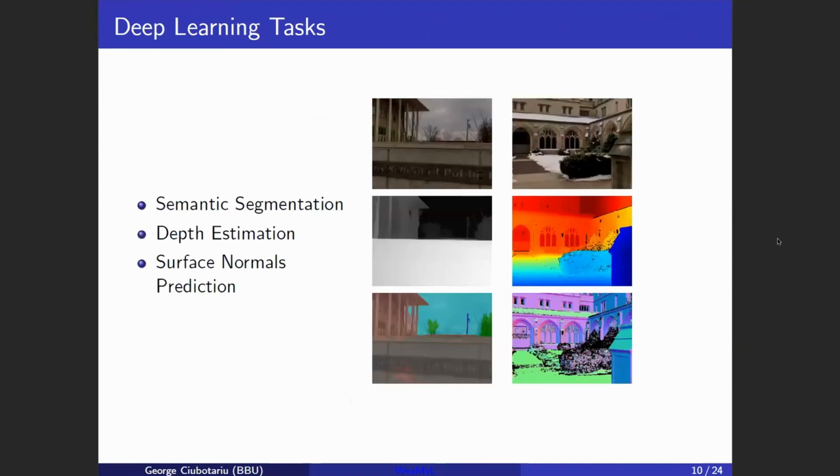And eventually, we're going to present the tasks in depth. So the semantic segmentation, as I said, has to output a mask that tells us what kind of object we have in the scene.